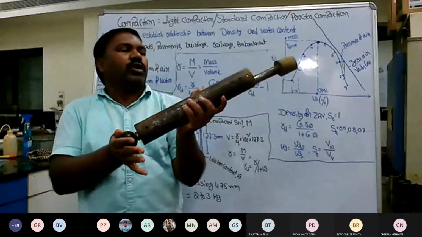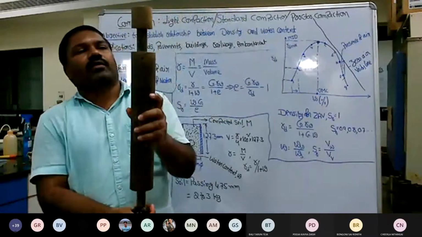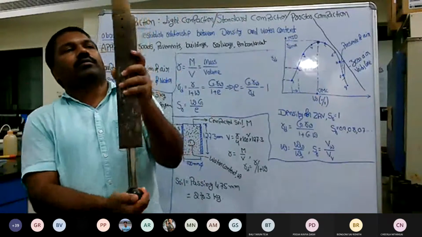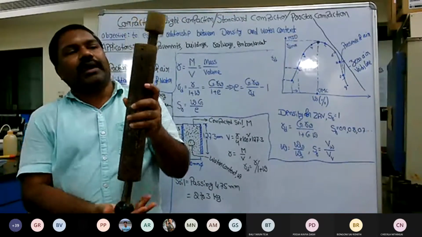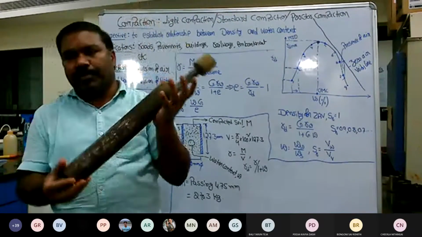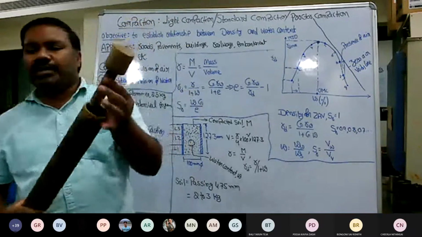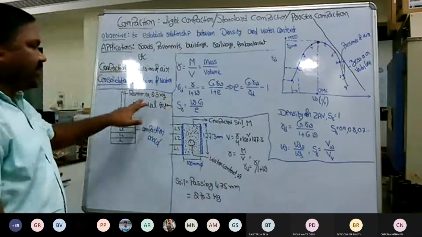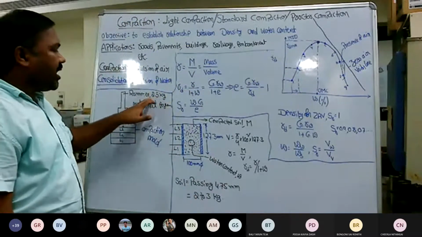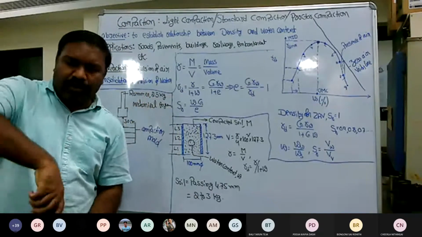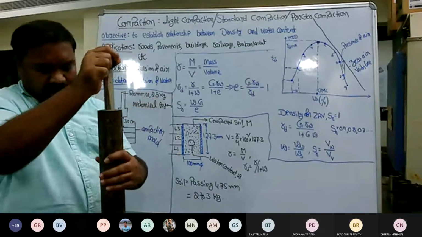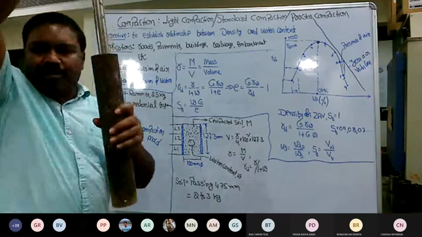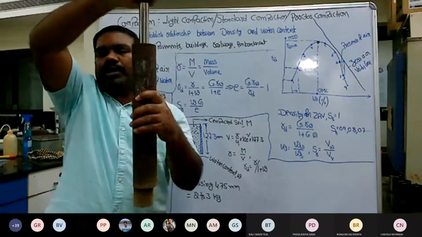It can be pulled in and pulled out. This rammer is manufactured for a particular weight. The weight of the rammer is approximately 2.5 kg. And what I will do is, using this rammer, I will compact the soil sample in the mold.